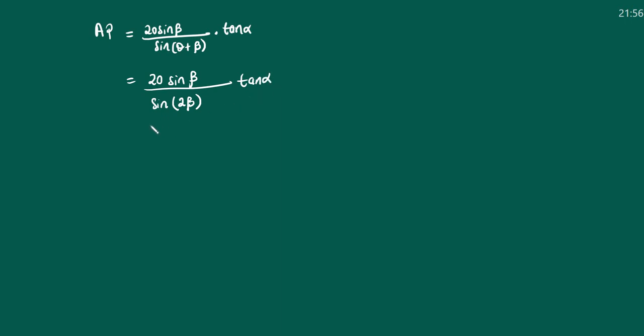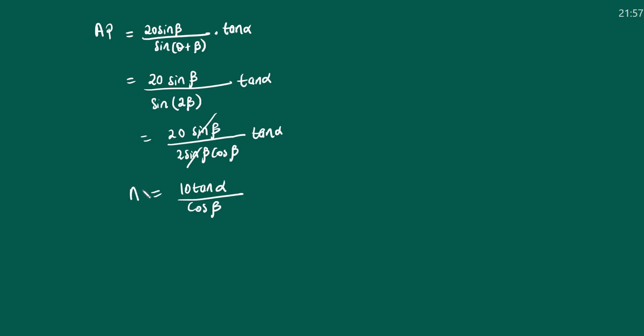Then I can say 20 sine beta all over 2 sine beta cos beta. Then we can cancel, and 20 divided by 2 is 10. So you're going to have 10 tan alpha over cos beta. This is the simplest form we can have.